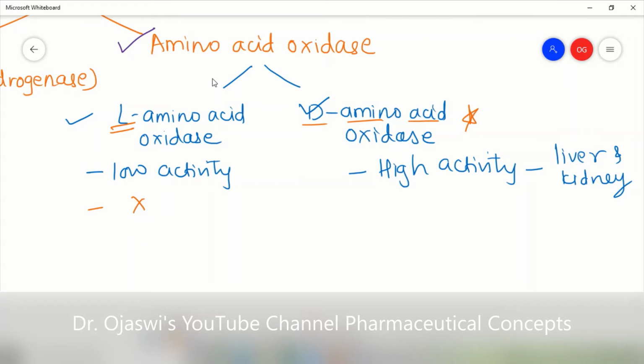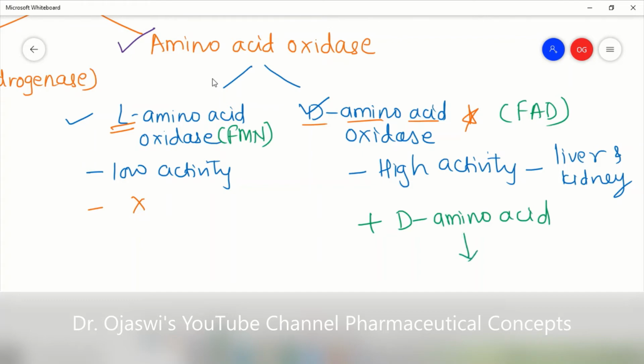Now during this process, D-amino acid oxidase has FAD, and L-amino acid oxidase has FMN with it. Now when the D-amino acid oxidase interacts with the D-amino acid, after the interaction it forms the alpha keto acid and ammonia.